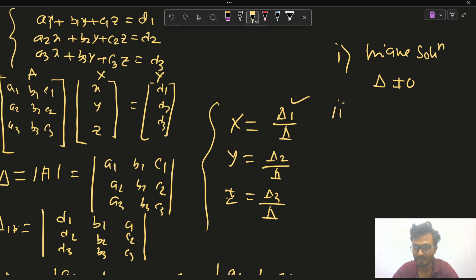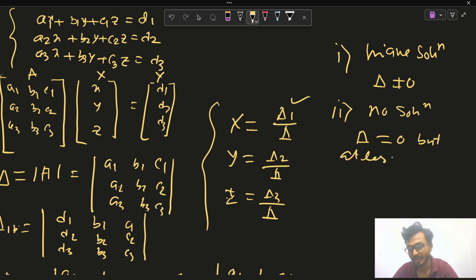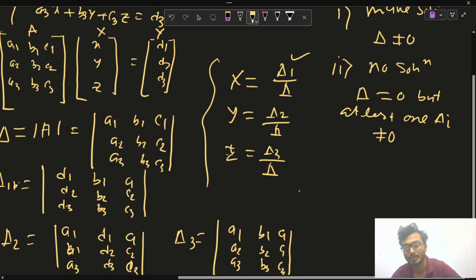For the second case, no solution: suppose delta is 0, but at least one of delta 1, delta 2, delta 3 is non-zero, then we say that this system has no solution.